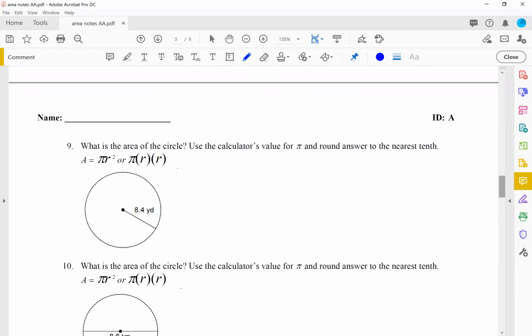Okay. Next up is a circle. And this is a review from last week, but there's going to be a little new thing here. So the first thing is, what is the area of the circle? Area is pi r squared. Remember your radius, r, is from the center to the edge.